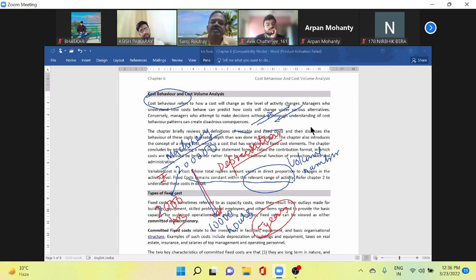How much will the depreciation be? What is the value of the machinery? Sir, 2 lakhs. 2 lakh by 2,000, sir. 10,000. No. How much is it? Is it 10,000?